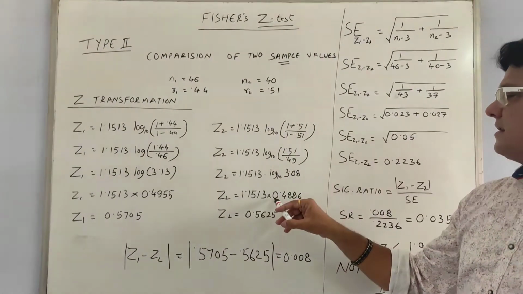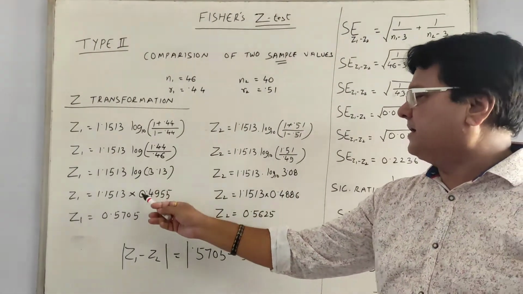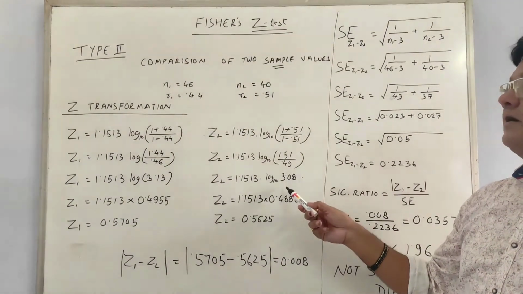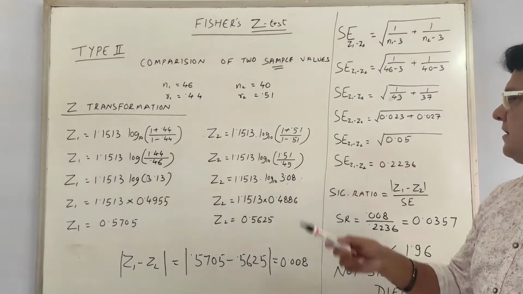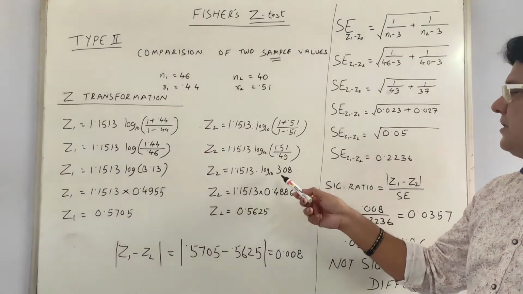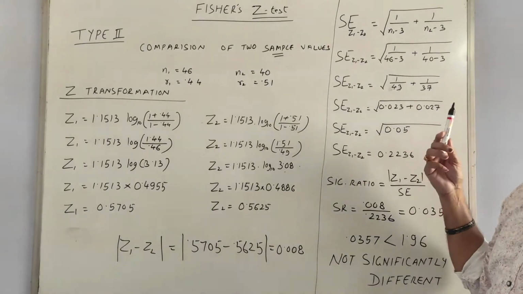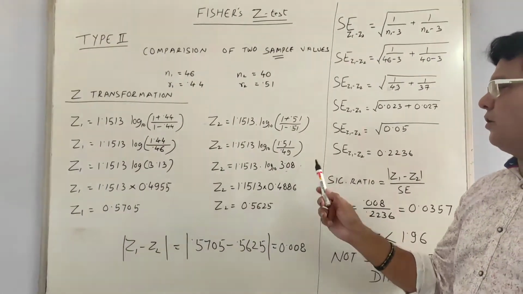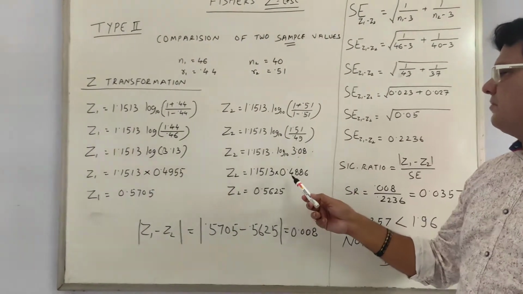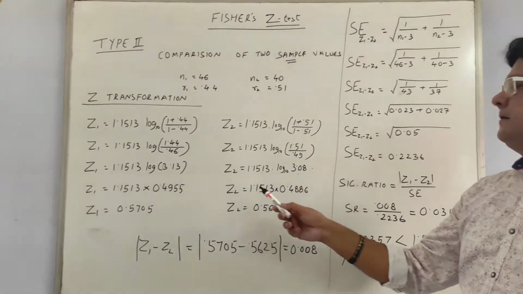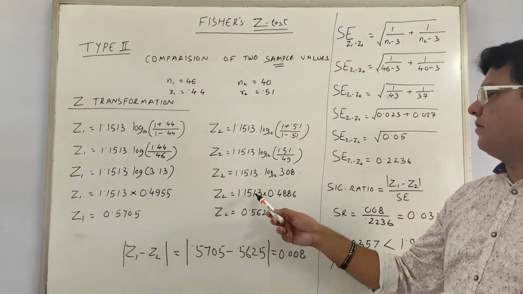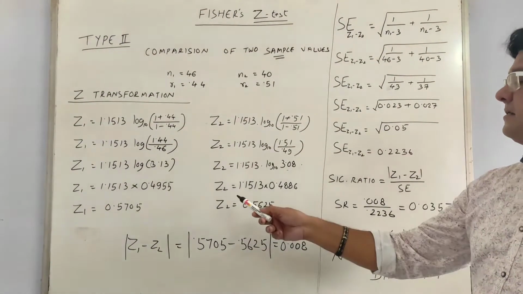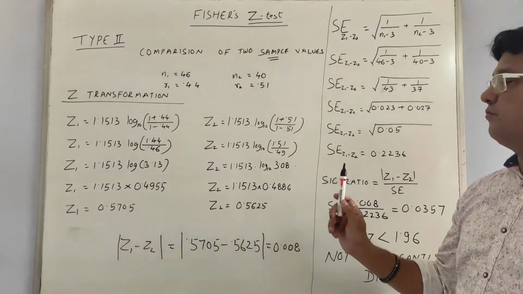Naturally, one number is there, so the characteristic is 0, and you can see in the log table, vertically you will find 30 and 8 will be numbered there. I think you probably know how to take a log. So the log value of 3.08 is 0.4886. So Z2 is 1.1513 into 0.4886, and Z2 is coming to 0.5625.